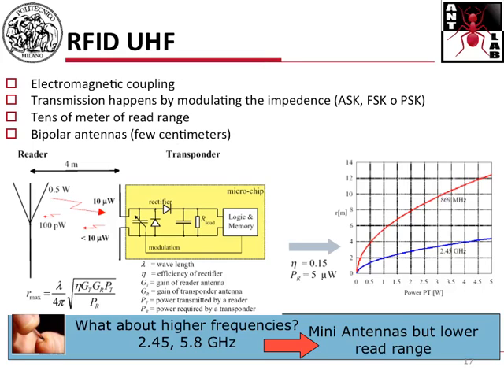And this signal gets back to the reader with a level which is in the range of picowatts. So why is this a problem? This is a problem because it means that this antenna at the reader side must be able to distinguish signals in the range from 500 milliwatts down to 100 picowatts. It means that it must be an antenna which is highly sensitive.